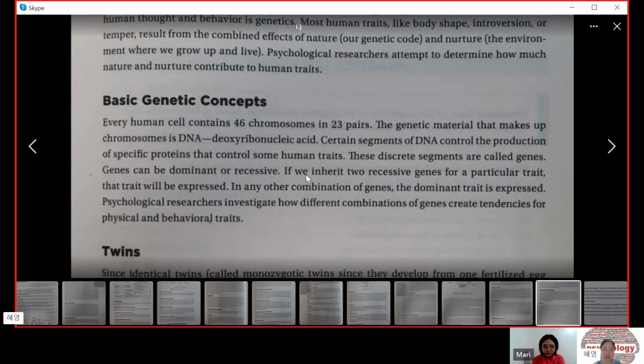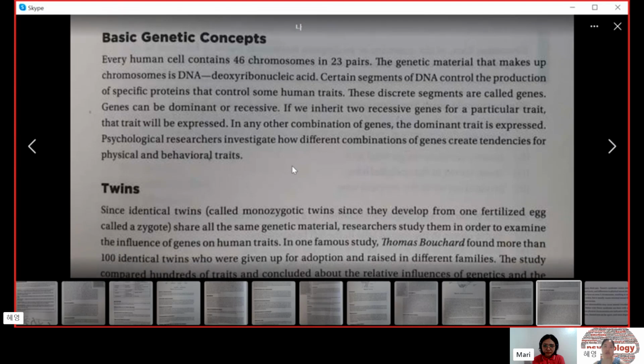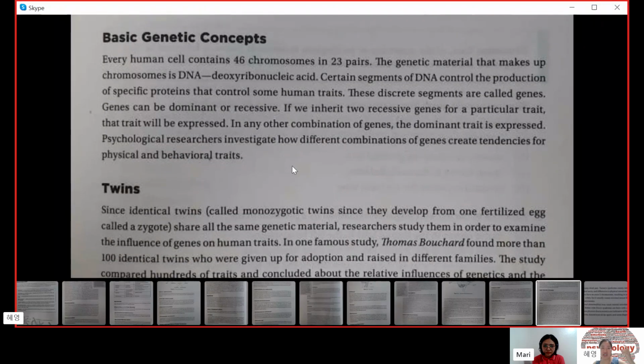So there is a basic genetic concept. Every human cell contains 46 chromosomes in 23 pairs. The genetic material that makes up a chromosome is DNA, deoxyribonucleic acid.